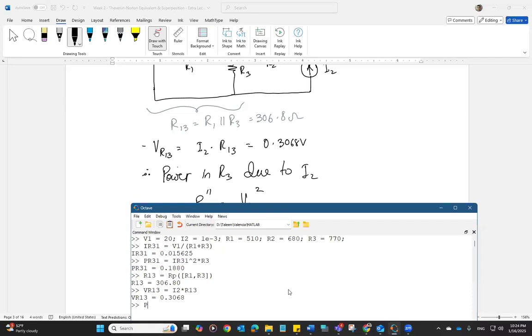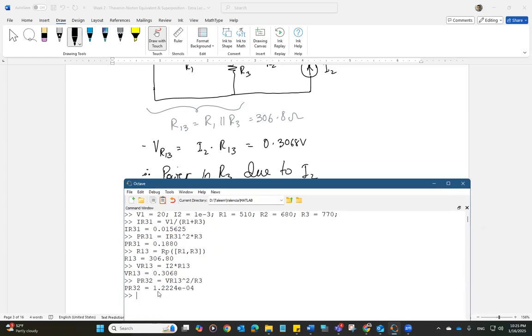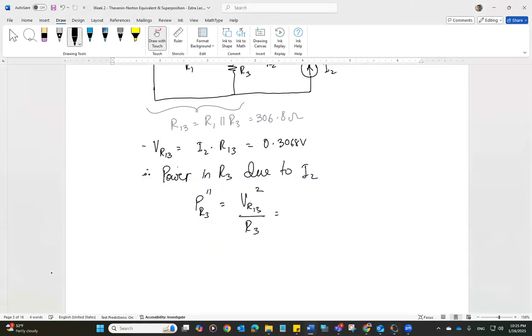So power in R3 due to source 2 is equal to VR13 square divided by R3. Oh, very small power. 0.122 milliwatt or 122.24 microwatt. So this is a contribution of power from the current source.